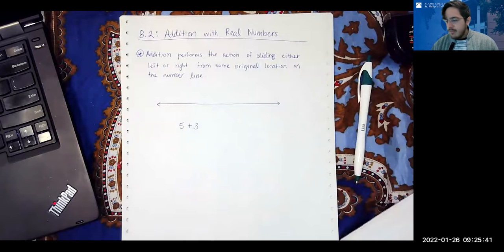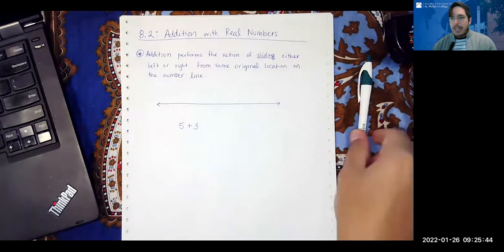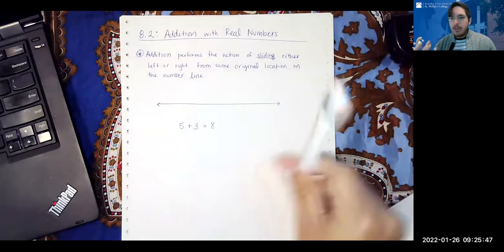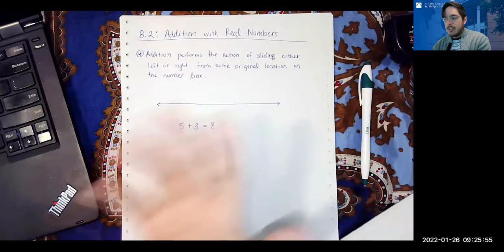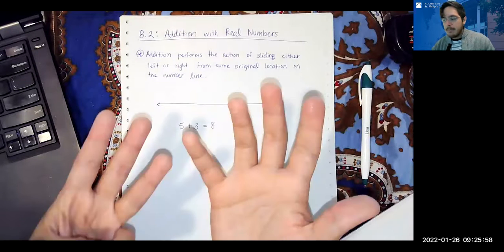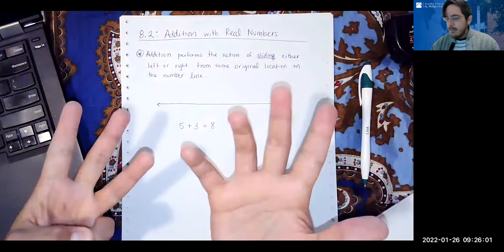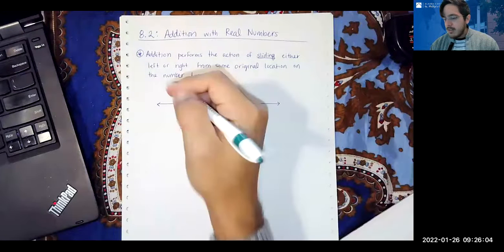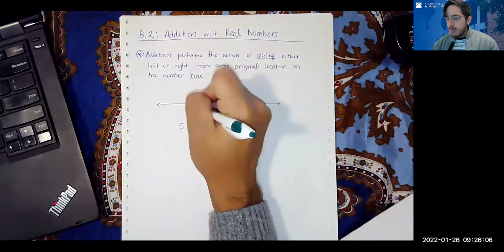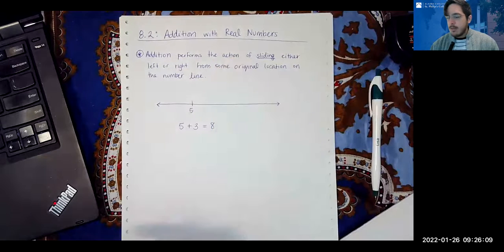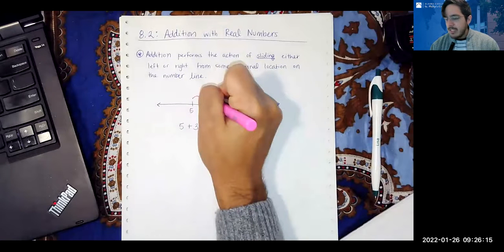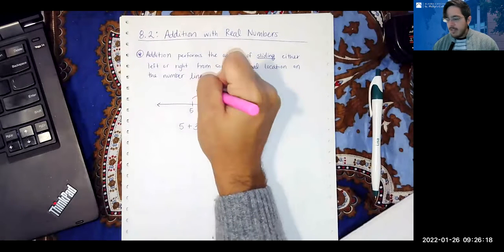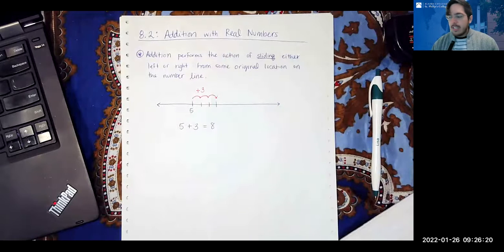In grade school, you probably learned to count with your fingers, and if you had manageably small numbers, you could count 5 plus 3 more to get to 8. But we want to use this intuition of sliding on the number line, where we start at 5 and move 1, 2, 3 tick marks over. So we're literally moving 3 units, and that's what it means to add 3. That's how we get to the location 8.